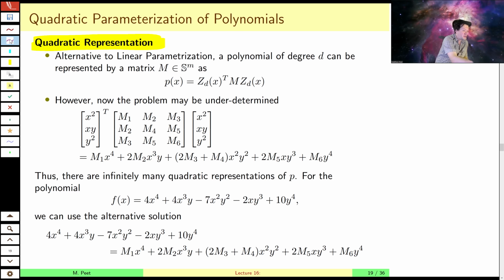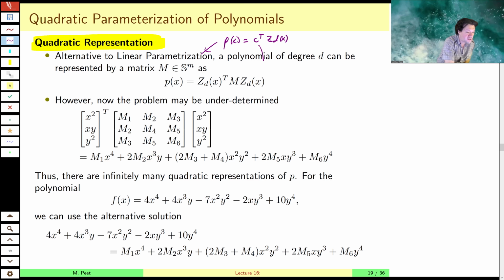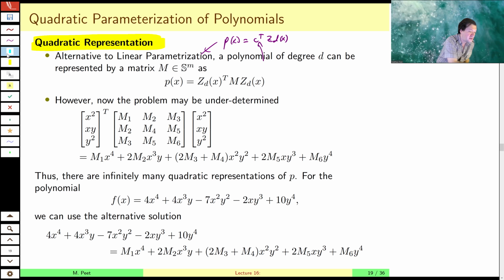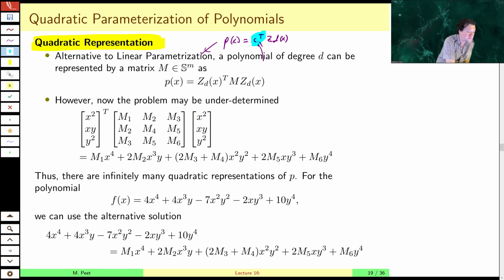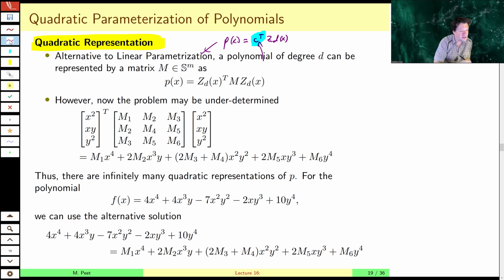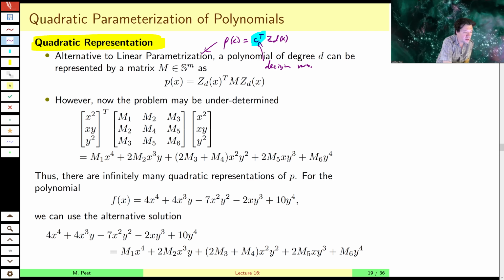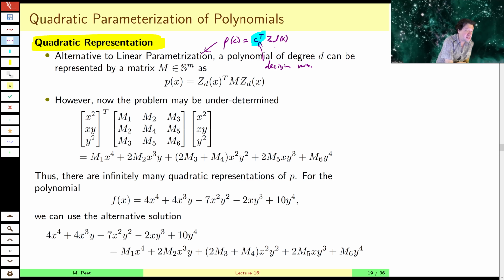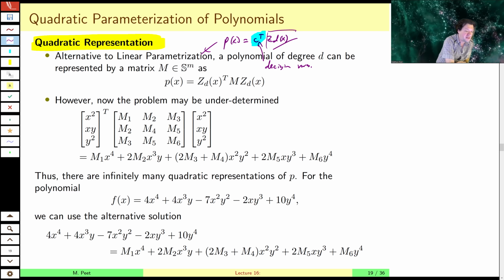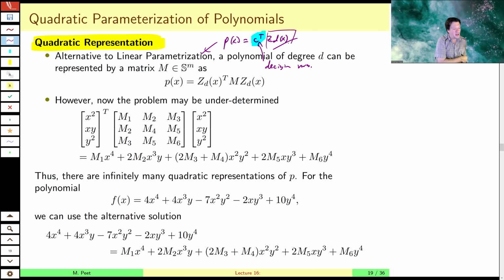If you remember, the linear parameterization of polynomials is achieved by p of x equals c transpose zd of x, which was linear in our decision variables and also linear in the monomials, zd.